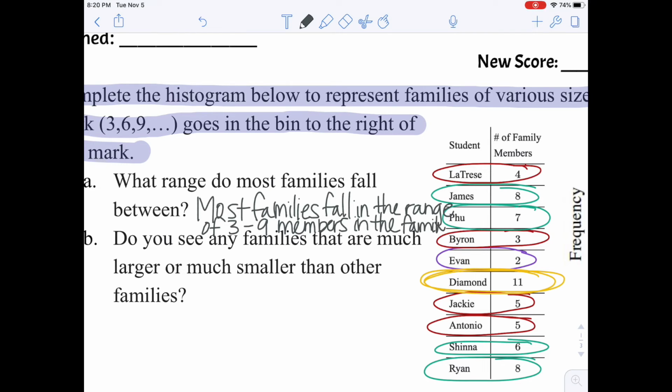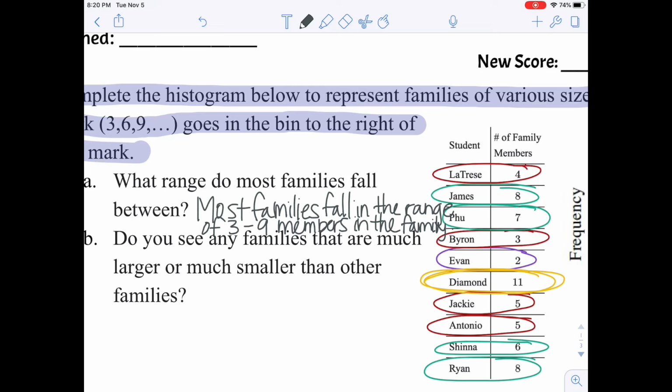Unfortunately, no one actually wrote this answer in the form of a sentence, but I need all of you to try to get in the habit of writing it as a complete sentence. So I wrote it out into a complete sentence so you have an example of what it should look like. Please take note of the way that I put that into a sentence and keep that in mind when you're writing your answers in the future. Okay? And that's answer B.